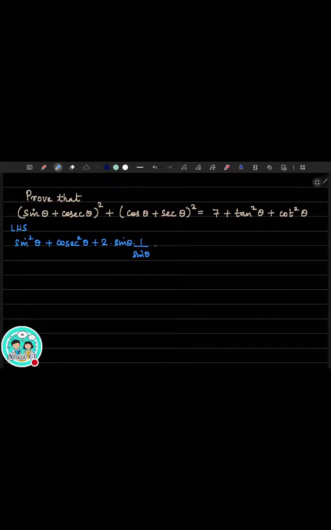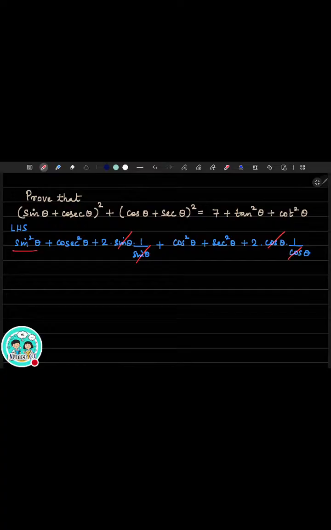This is the first term. And then the next term is cos square theta plus, again, a square plus b square secant square theta plus 2ab. A is cos theta, and in place of secant theta, I will write 1 by cos theta. The reason being, we can easily cancel sine, cos and cos.